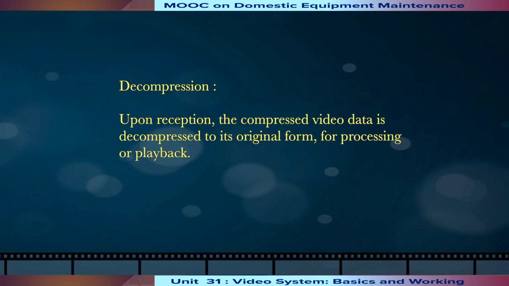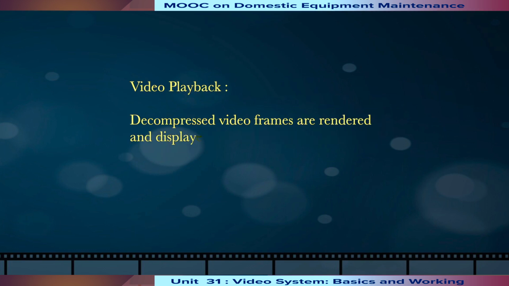After reception, the compressed video data is decompressed to its original form for processing or playback. The next step is the video playback. Decompressed video frames are rendered and displayed on a screen to allow viewers to watch the videos.